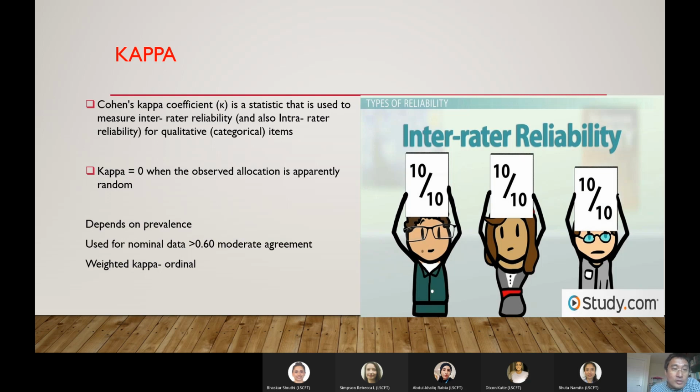So we discussed inter-rater reliability. To measure inter-rater reliability, which statistical method do we use? Cohen's kappa. Yes, in any show there are 3 judges, so it's inter-rater reliability. If it is random, it becomes 0.